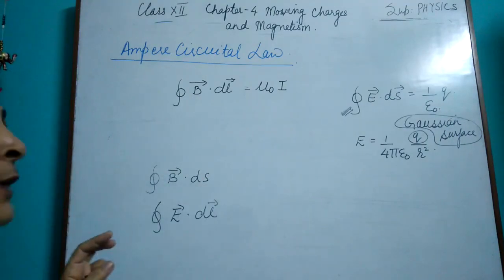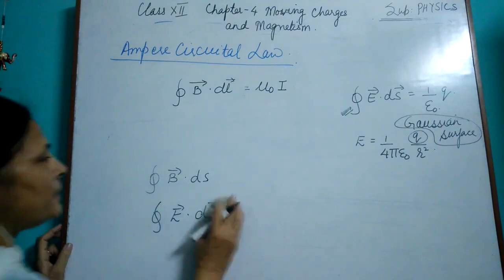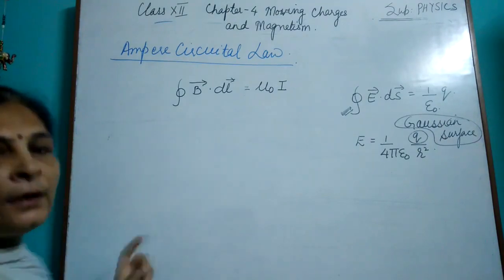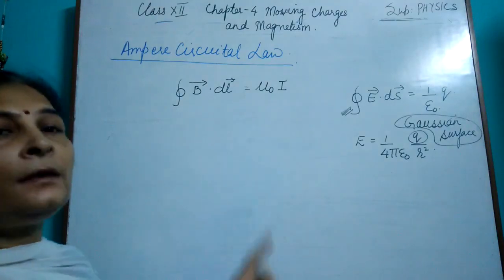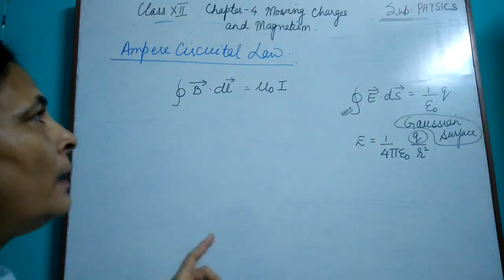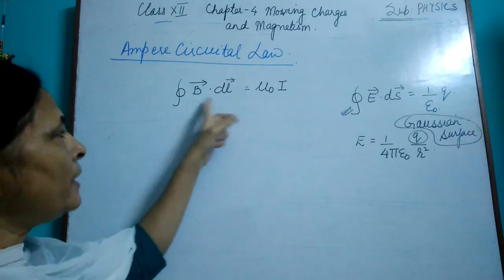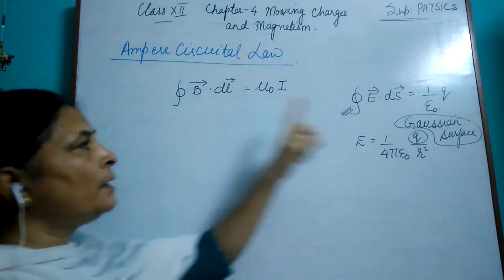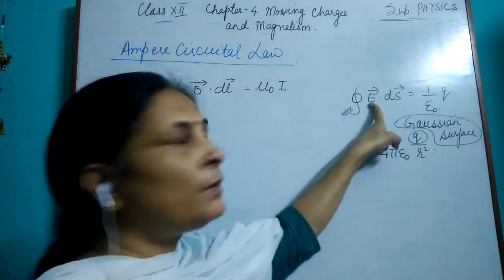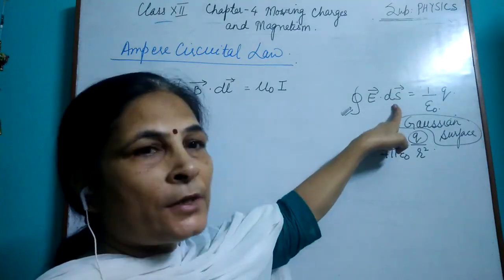So you have to be very careful in writing this expression. The rest of the question they do correctly, but as far as the formula is concerned, sometimes they write it incorrectly, and that makes the answer incorrect. So always remember, when we are talking about magnetic field, it is the line integral. When we are talking about the electric field in Gauss's theorem, it is the surface integral.